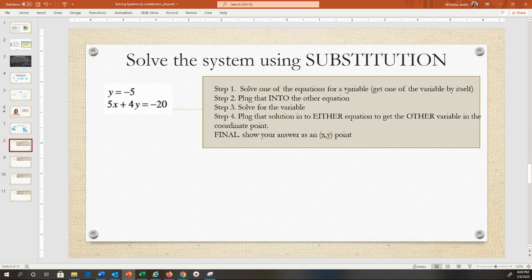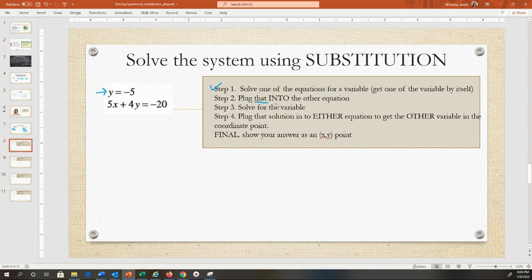Either equation, it doesn't matter. We just want to get one of the variables by itself. You could get y by itself. You could get x by itself. Honestly, whatever looks the easiest to you. So in this system, we already have one of the equations with a variable by itself. So let's use that one. Step 1 is done for us.